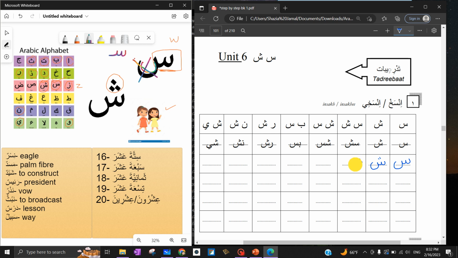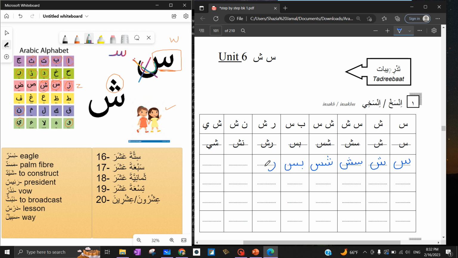So now it's seen and then a little tail again with sheen. Sheen has three dots. Now sheen as the first letter with a tail, and we put the dot, and then we start writing seen with a pot belly. Again ba and seen. Now ba will be half and then you continue writing the seen. Ba and seen.